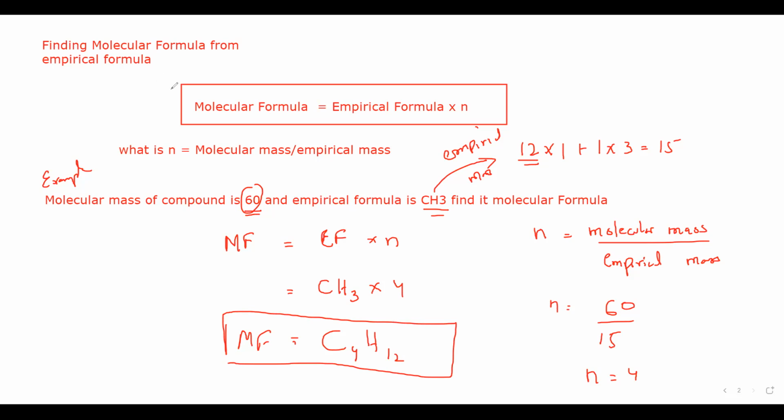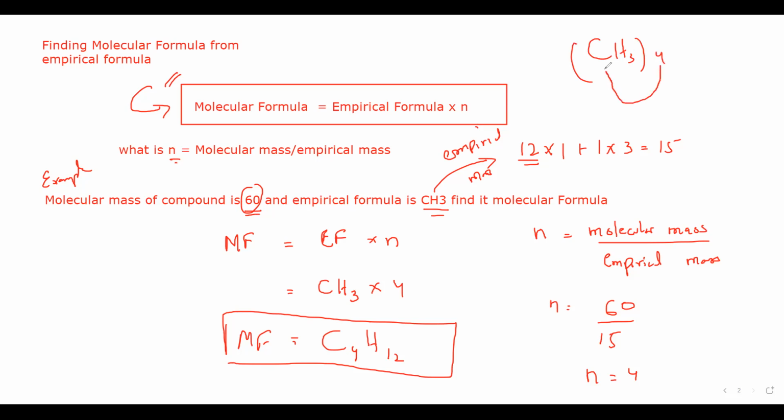So basically you have to memorize this formula, which relates the molecular formula as empirical formula times n, and the value of n is molecular mass divided by empirical mass. How we multiply: it is written CH3 and then a bracket 4.